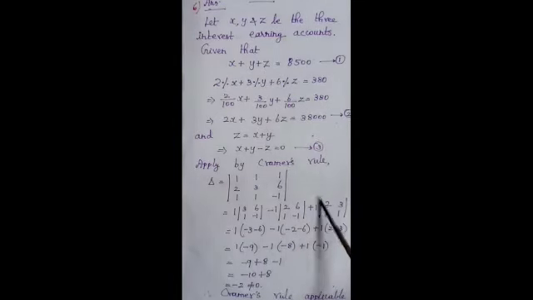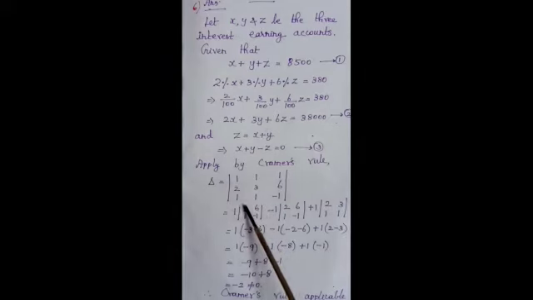After the simplification we get delta is equal to minus 2, which is not equal to 0. Expanding using the first row, we get 1 times the determinant of 3, 6, 1, minus 1, a 2 by 2 matrix, minus 1 times the determinant of 2, 6, 1, minus 1, plus 1 times the determinant of 2, 3, 1, 1.